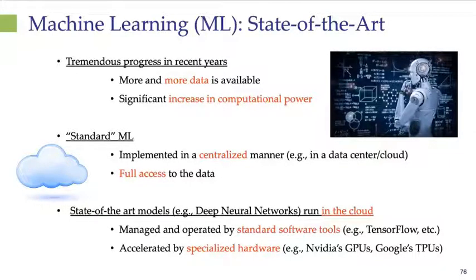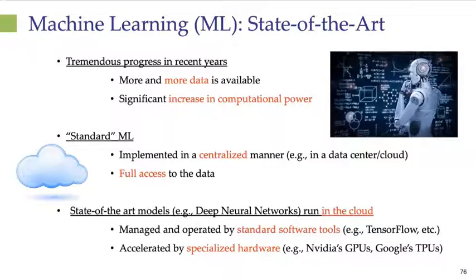But lately, in more recent times, we see more and more data being available, both because of the prevalence of personal devices and also because of the internet. And there's been a significant increase in computational power to deal with that data. So this means it's been possible to apply machine learning in a great number of areas.